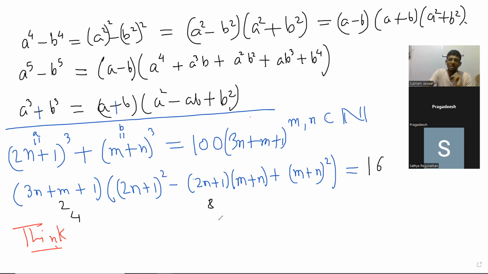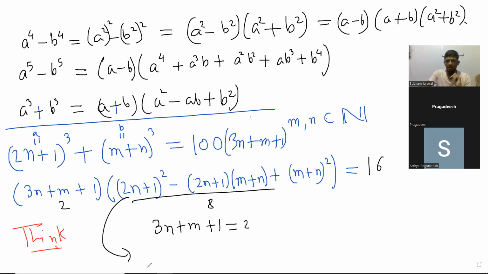Okay, then you will get two equations, right? For example, if you take this case, one, this is 2, that is 8. Then you will be writing this equal to 2 and this thing equal to 8. Then you have to try to solve this. 2 equations, 2 variables. Try to solve. Again, other case. 4, 8.